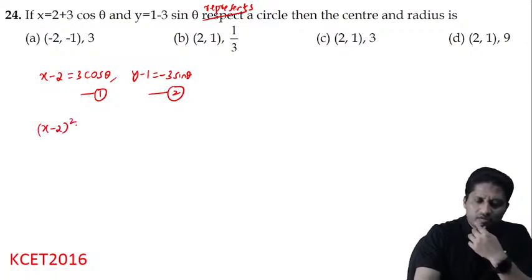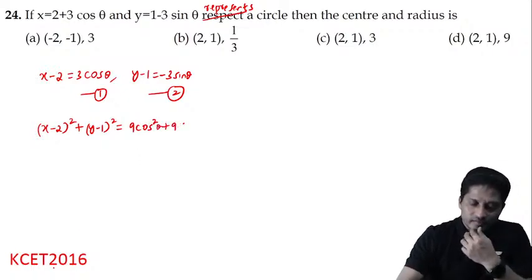(x minus 2) the whole square plus (y minus 1) the whole square is equal to 9 cos square theta plus 9 sin square theta.